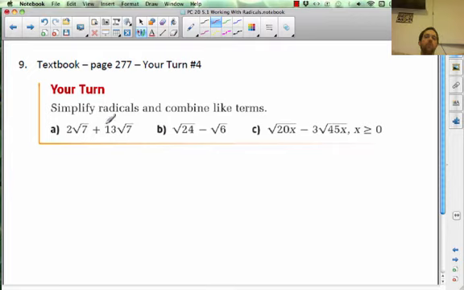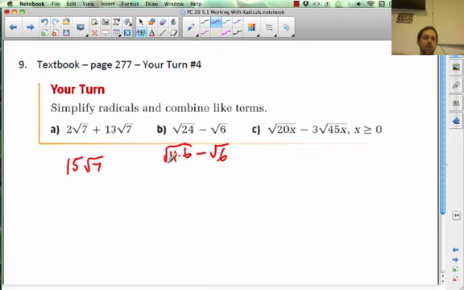So the square root of 7 and the square root of 7. So if we have 2 of them and we add 13 of them, we get a total of 15 root 7s. Here, this one looks a little different, but we know that we can rewrite root 24 as the root of 4 times 6.